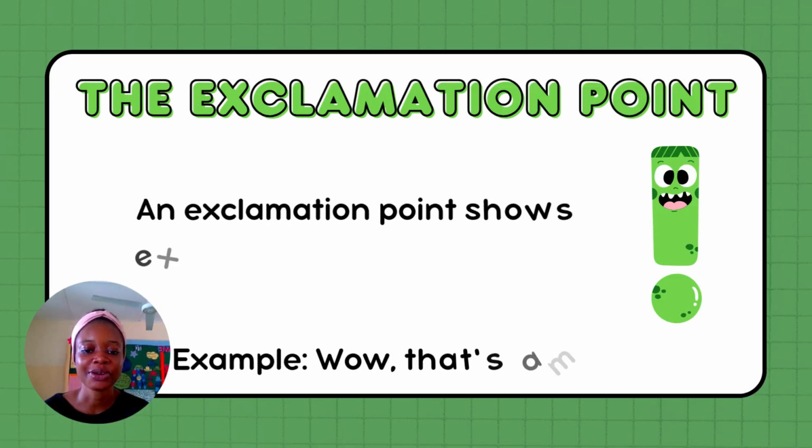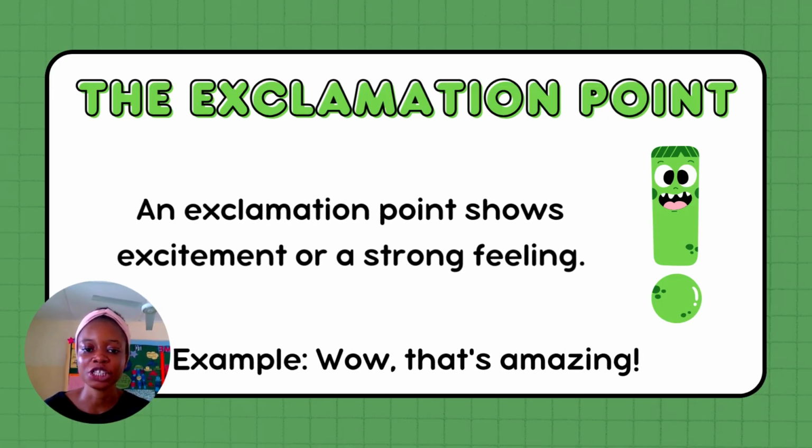The next one we're going to be looking at is the exclamation point. Now, an exclamation point is used to show excitement or a strong feeling. We use exclamations to show excitement or a strong feeling, to convey that, okay, this person is excited or this thing is exciting. We make use of our exclamation point.